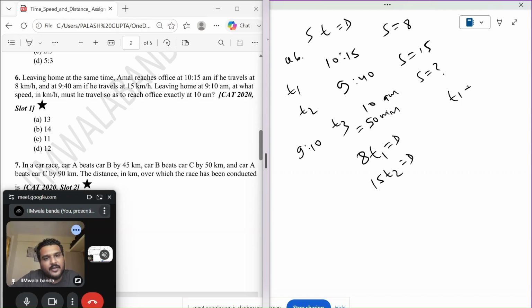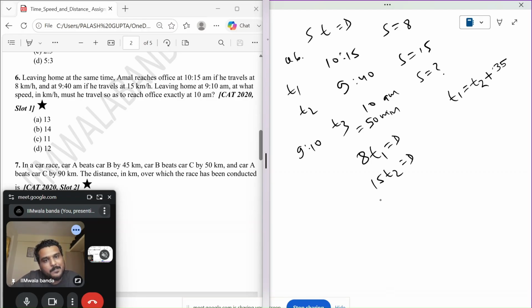So can I say t2 is less, right? Because speed is more. If I add 35 minutes to t2, then t1 becomes that, because he's leaving at the same time and reaching 35 minutes earlier at an increased speed.